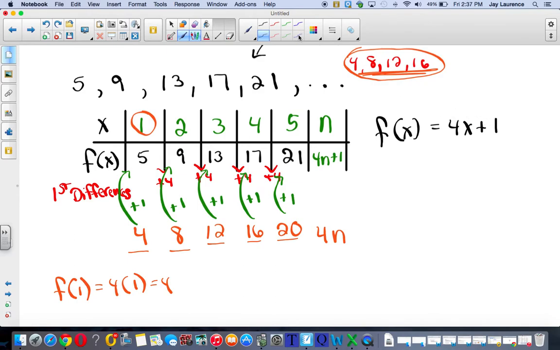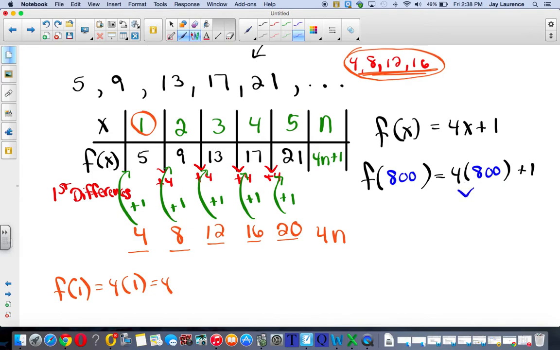And now if I want to figure out the 800th term, I'm going to put 800 into my function. So I'm going to go f of 800. See my 800? And that's inside the function, right? It's my input. And I'm going to put 800 here.